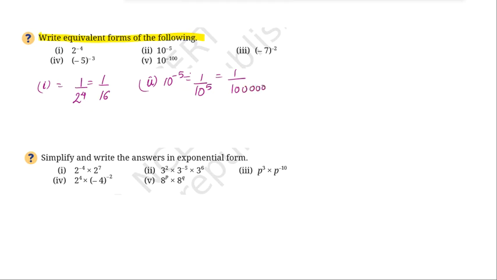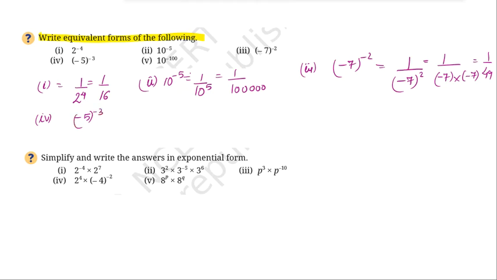Next, the third part is minus 7 to the power of minus 2. Now let's write this. So we can write 1 over minus 7 to the power of 2. It is a negative number, but what is the power? Even. So can we write it as negative 7 times negative 7, which is 1 over 49. Now the fourth part is -5 raised to the power of -3, again using the positive exponent property.